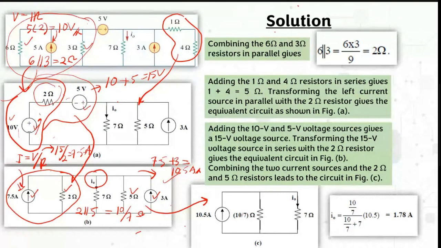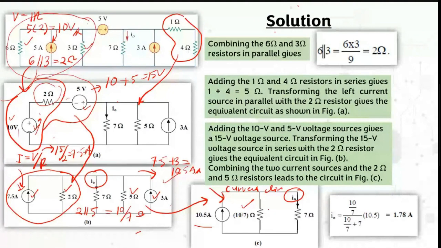When you combine, you have 10.5 ampere, and then you have the parallel of the 2 and 5 ohm resistors, so that you have 10 over 7 ohm. So from this circuit, you can use the current divider to calculate this I node.